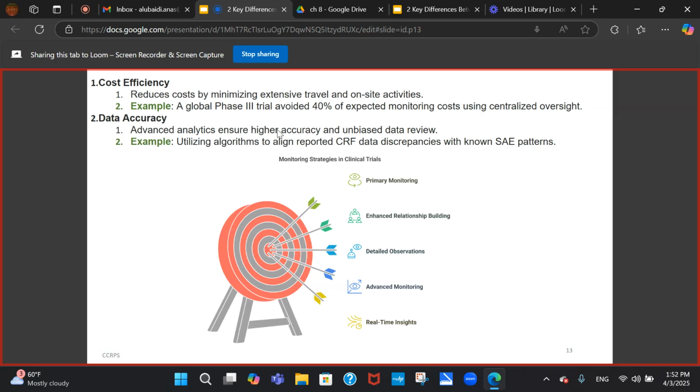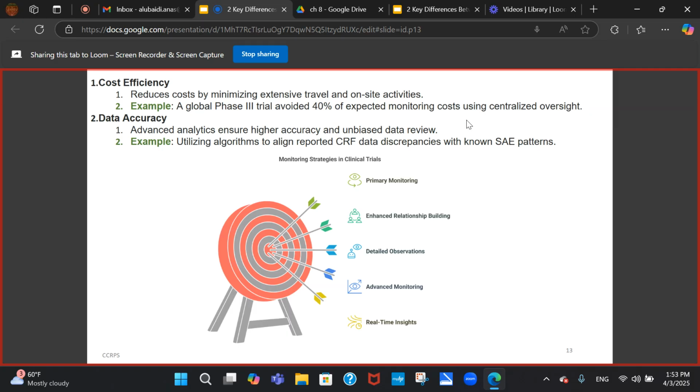That's why reduced costs will occur. The costs will be reduced by minimizing the travel and the on-site activities. Example, a global phase 3 trial avoided 40% of expected monitoring costs using centralized oversight, meaning you're using advanced monitoring.